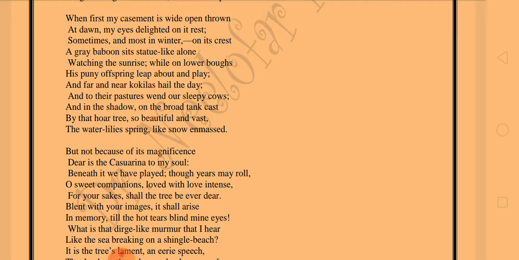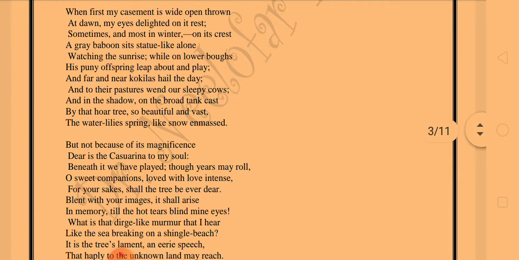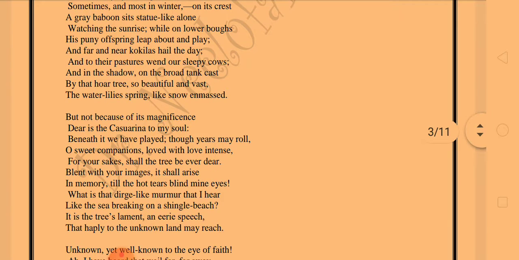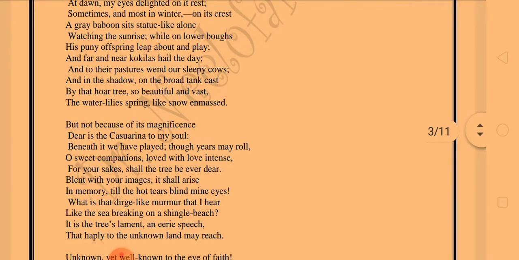There is a broad tank, a pond, by that strange, scary tree, and the pond is also very beautiful and vast. Its surface is covered with white water lilies, and it looks as if snow has covered the whole pond. So in those two stanzas, she gives an objective description of the tree and appreciates the tree.